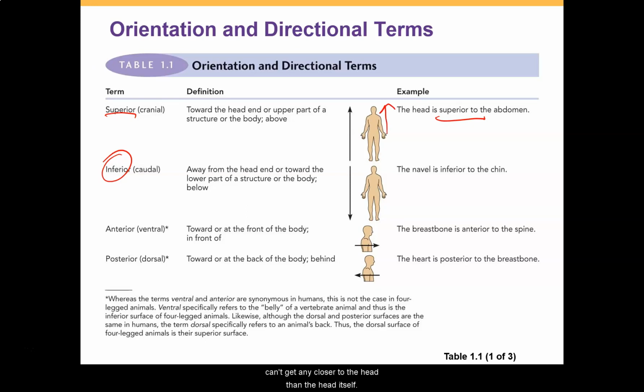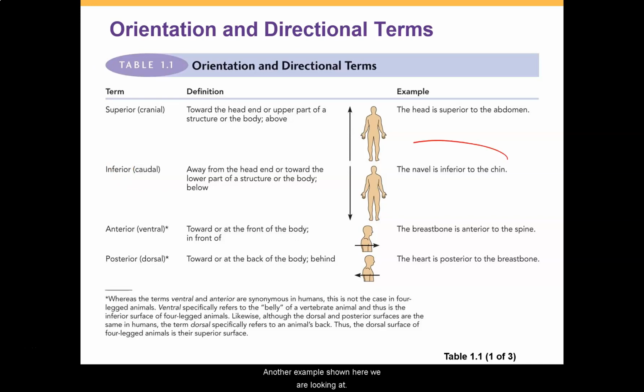Of course, you can't get any closer to the head than the head itself. What about the other way around? What is the abdomen to the head? That's right. In that case, you would use inferior. The abdomen is inferior to the head, meaning the abdomen is closer to the feet relative to the head.